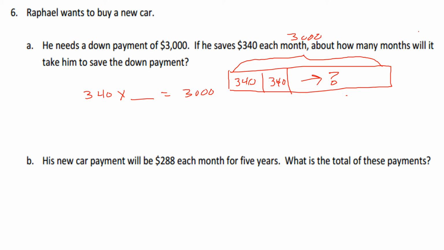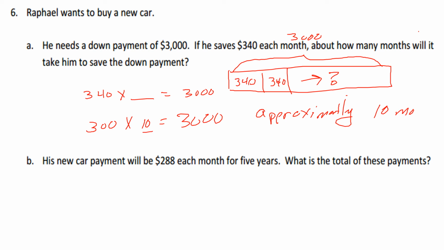So if I round 340, that'd be closer to 300, and I can see 10 times 300 would be 3,000. So he would need approximately 10 months to save up that money.